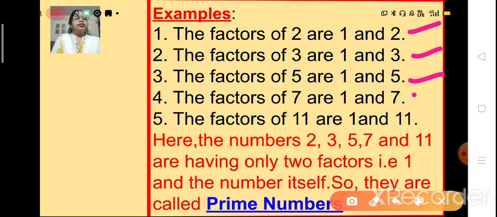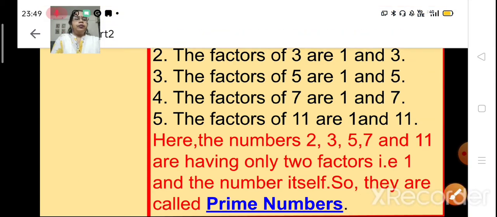And the factors of 7 are 1 and 7. Similarly, the factors of 11 are 1 and 11. That means the factors of these numbers are 1 and the number itself. So these numbers are known as the prime numbers. The numbers 2, 3, 5, 7 and 11 have only two factors, that is 1 and the number itself. So they are called the prime numbers.